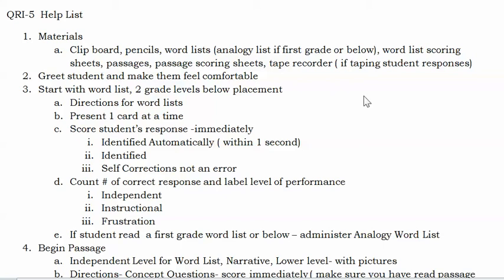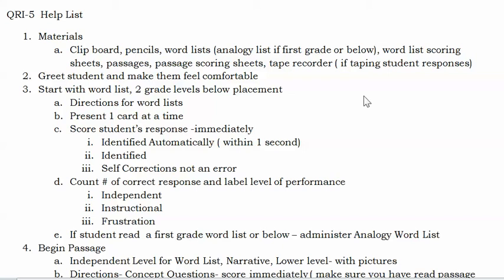You start with word lists 2 grade levels below their grade placement. So if they're in 3rd grade, I'm starting with the 1st grade word list. You give the directions for the word list, and you present 1 card at a time. Now you have the choice. On Moodle, I have a PowerPoint with the word list, so you can show them 1 word at a time on a PowerPoint.